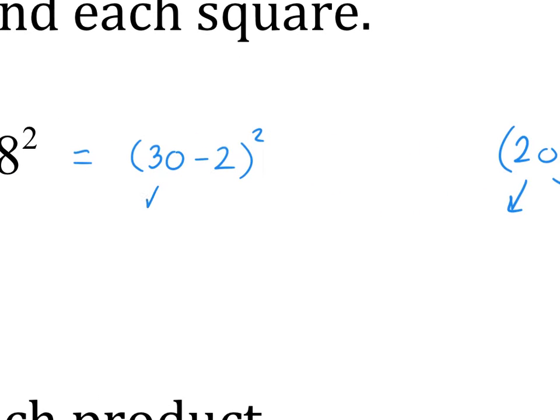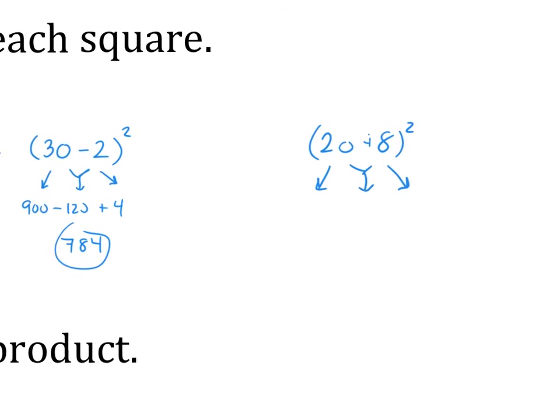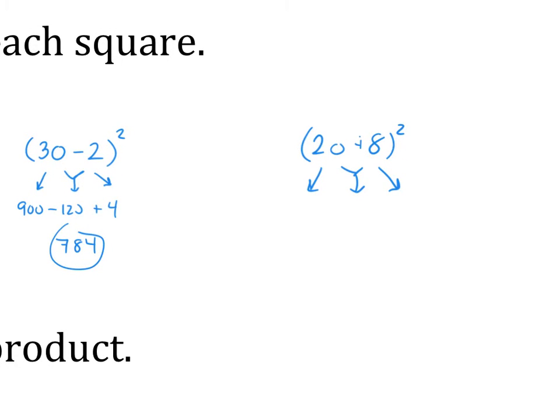Let's do them both. This one here we already know is 900 when we square it. Multiply and double to get negative 120. And this one's a 4, a positive 4. So 900 minus 120 is 780. And then we add 4 to that. 784. Now, had we taken your suggestion and done the 20s, we would do 400 here because 20 times 20.